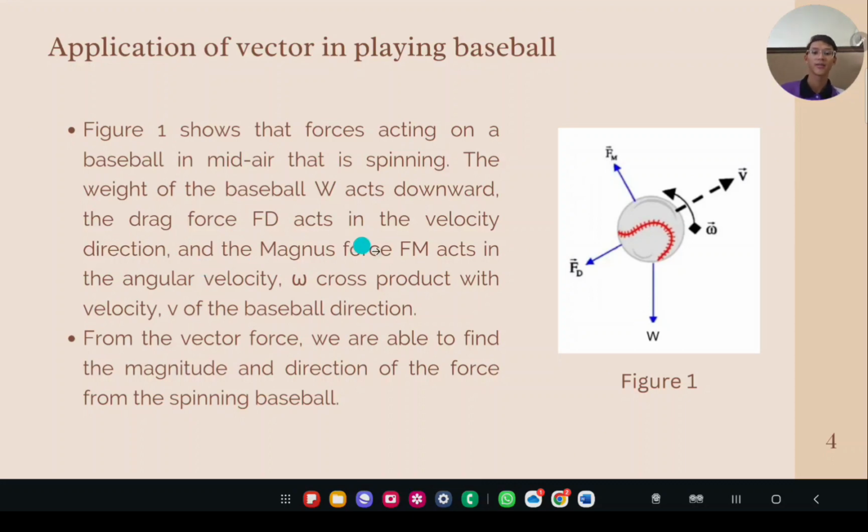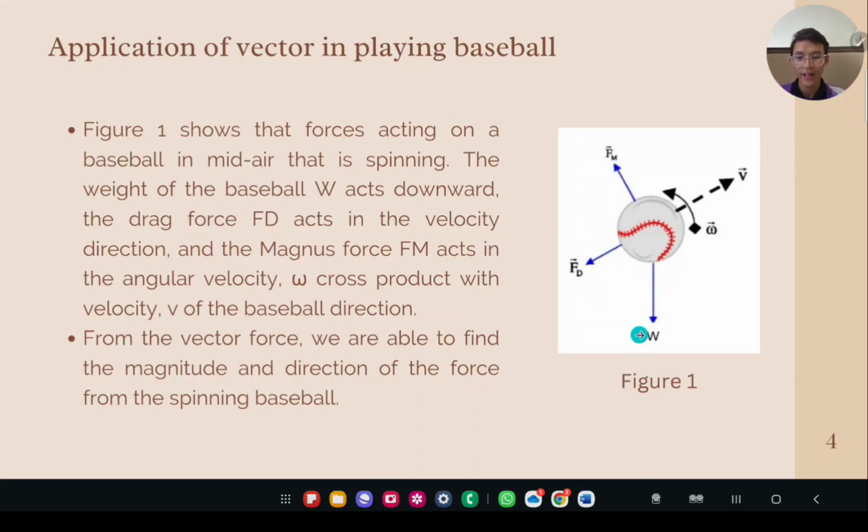And the Magnus force Fm acts in the direction of the angular velocity cross product with the velocity of the baseball. So this is the angular velocity, and cross product with V, we will get Fm, the Magnus force.